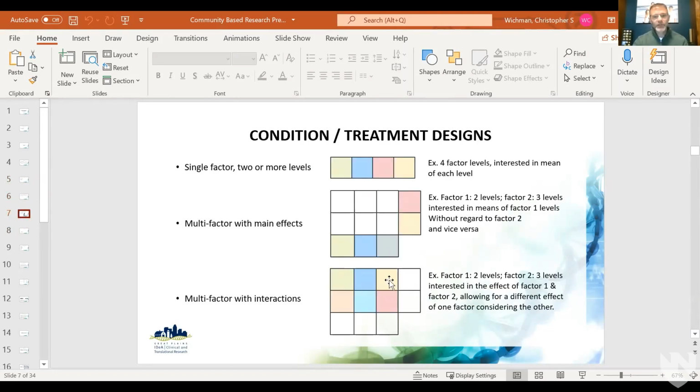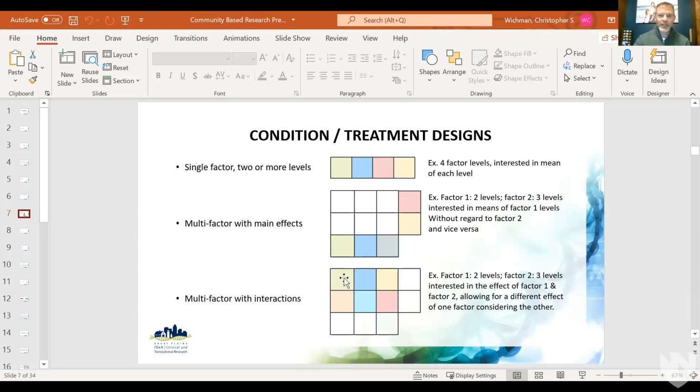Then with regard to this one, when we talk about multi-factor with interactions, and again, this can get stacked up and be much more complicated than this. This is just an illustration. Again, we're sticking with the 2 by 3, but now we're interested in finding out, or we have information that says the way B affects our study unit may be different depending what level of A I'm actually operating at.